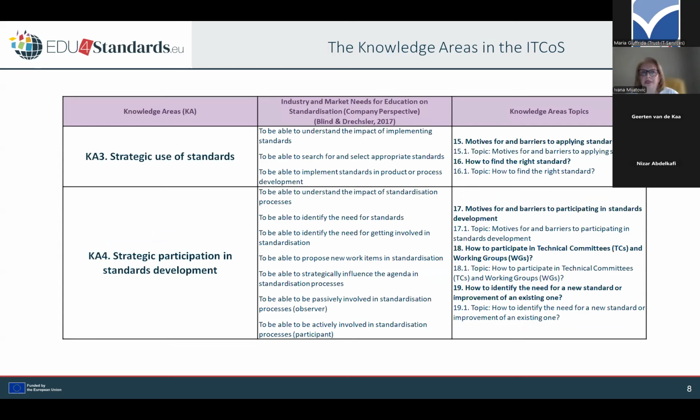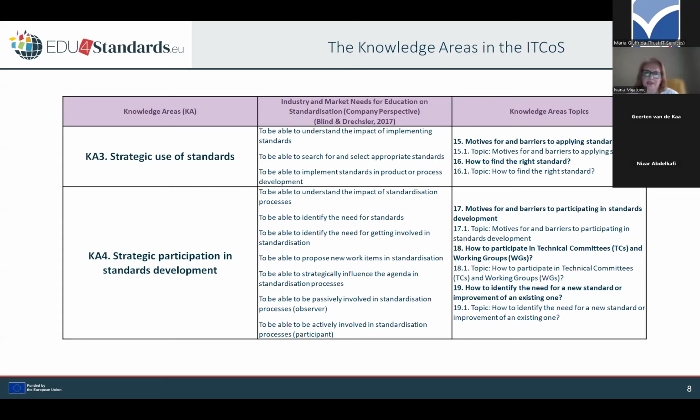Knowledge area 3 is related to strategic use of standards. We identified very important topics in this area, like motives and barriers to applying standards and how to find the right standards. Knowledge area 4 is related to strategic participation in standard development, and the initially identified topics are related to motives for and barriers to participating in standards development, how to participate in TCs and working groups, and how to identify the need for new standards.